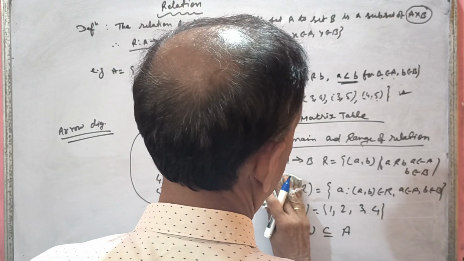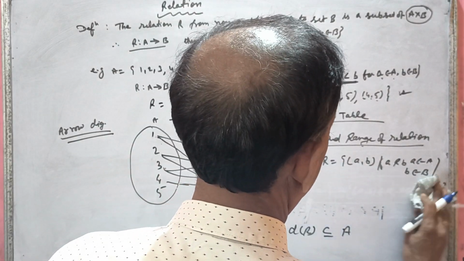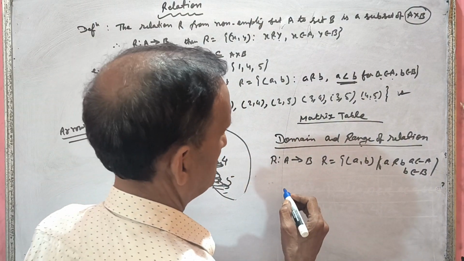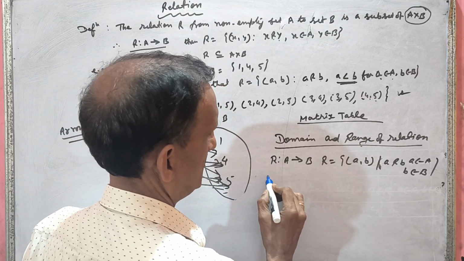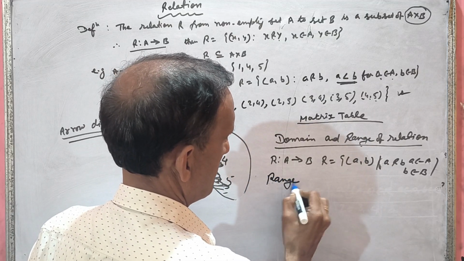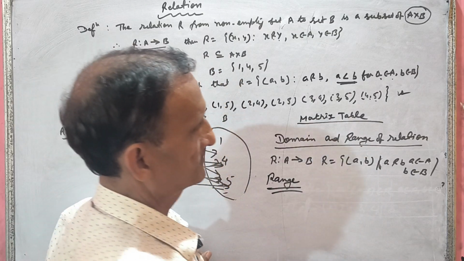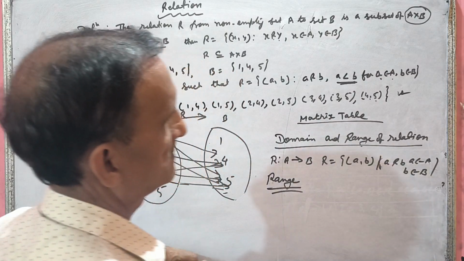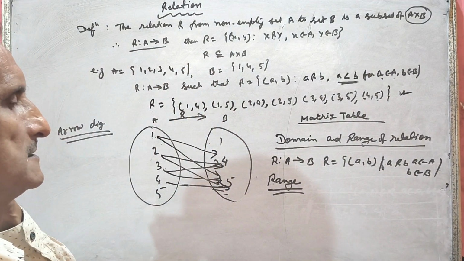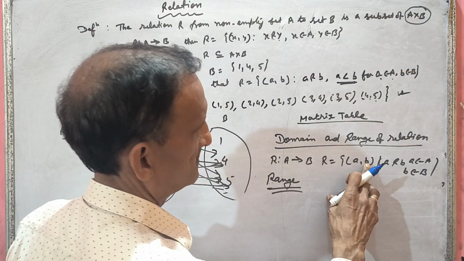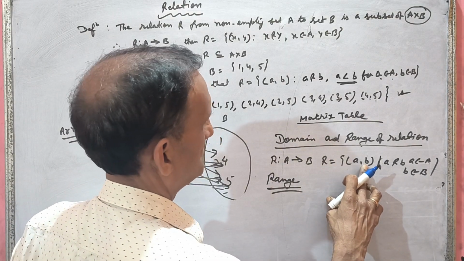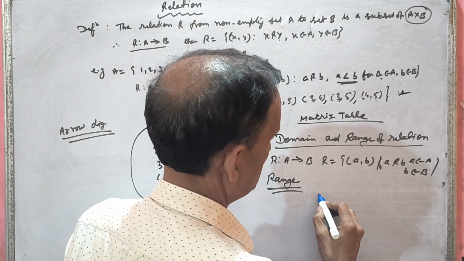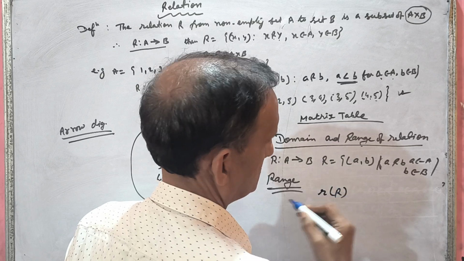Now another is range. Second component, range. The set of second components of all the ordered pairs of the relation R is called the range of R. It is denoted as R(R).